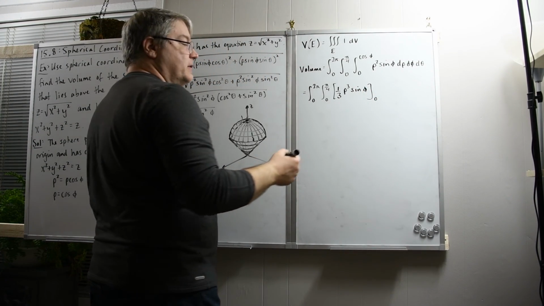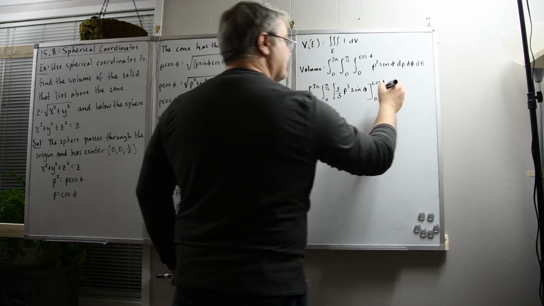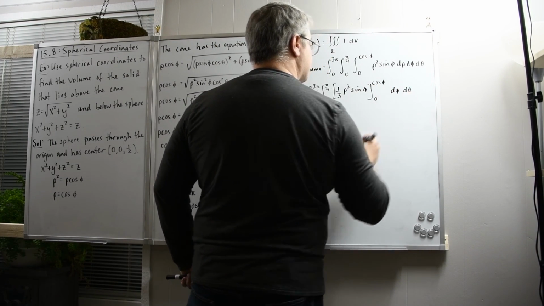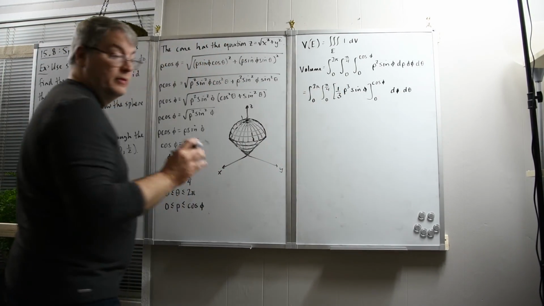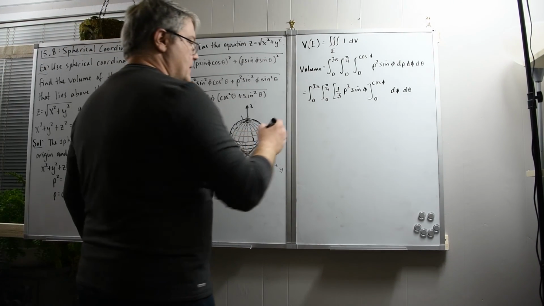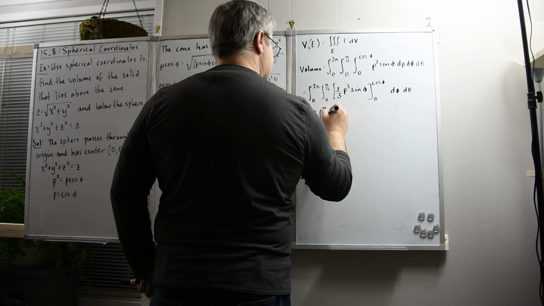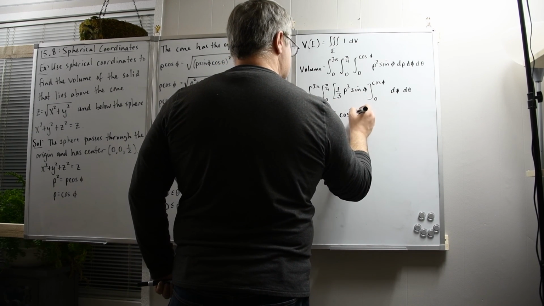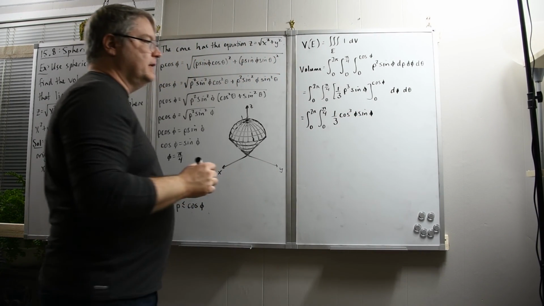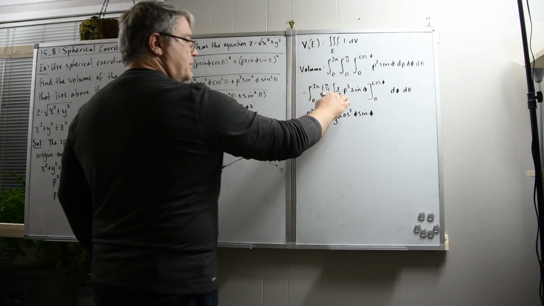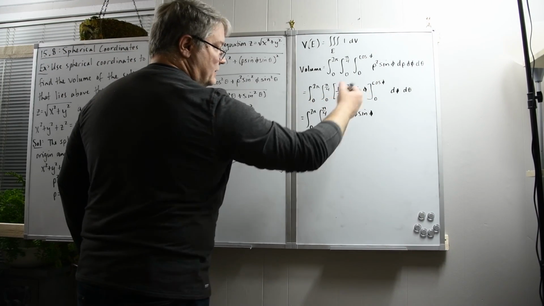Bottom limit of integration is 0, and the top limit of integration is cosine of phi. So we plug in the cosine phi for rho, subtract what we get when we plug in 0 for rho. And so, plugging in the cosine phi for rho, we get a 1/3 cosine cubed phi times sine phi. And if we plug in 0 for rho, we're just going to get 0.